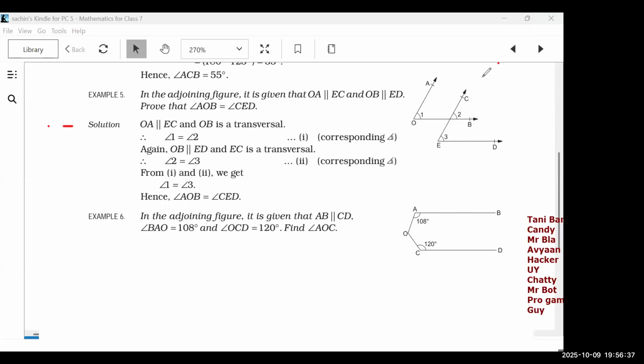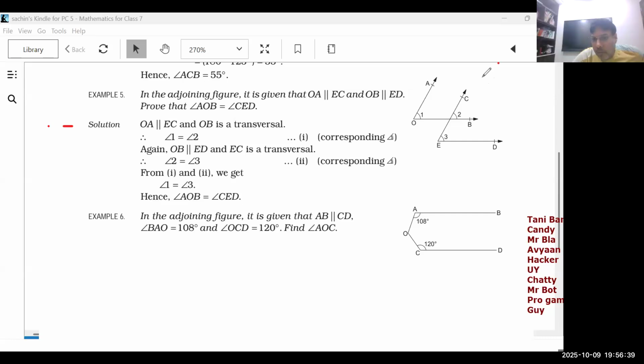Mikey, who is more popular in your school, UI or Mr. Ba? Very easily, Mr. Ba. Mr. Ba is more popular. Much more. I'm asking Mikey. Mikey, can you tell me who is more popular? Mr. Ba. Hacker, what's your opinion? Mr. Ba.